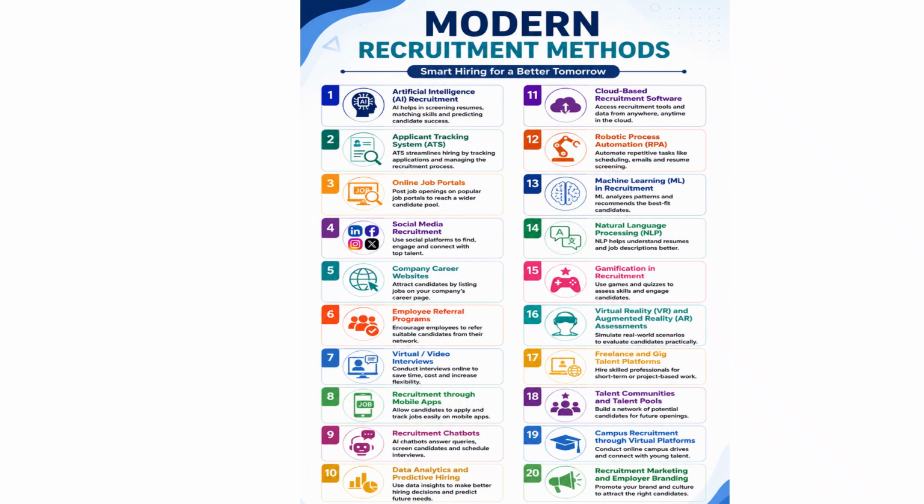There are various methods of modern recruitment, such as artificial intelligence, applicant tracking system, online job portals, social media recruitment, company career website, employee referral, virtual interviews, recruitment through mobile apps, recruitment through chatbots, data analytics and predictive hiring, cloud based recruitment and software, robotic process automation, machine learning, natural language processing, gamification, talent communities, freelancing, campus recruitment through virtual platforms, recruitment marketing and employer branding.